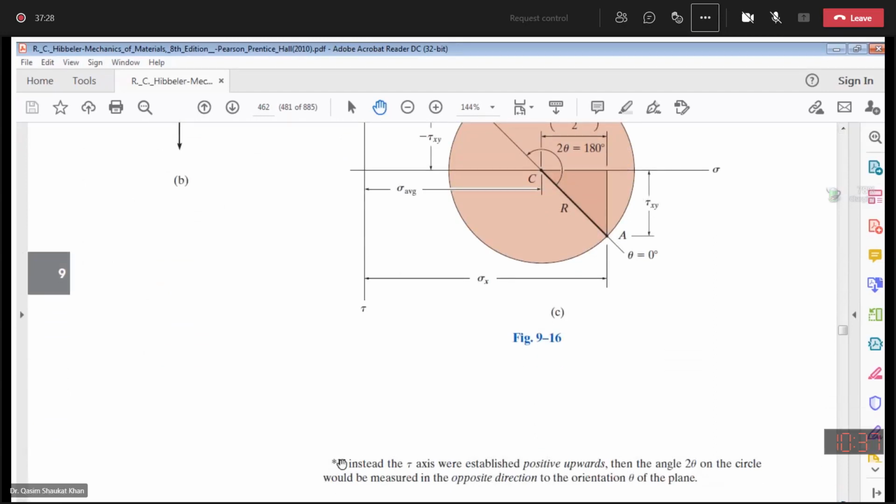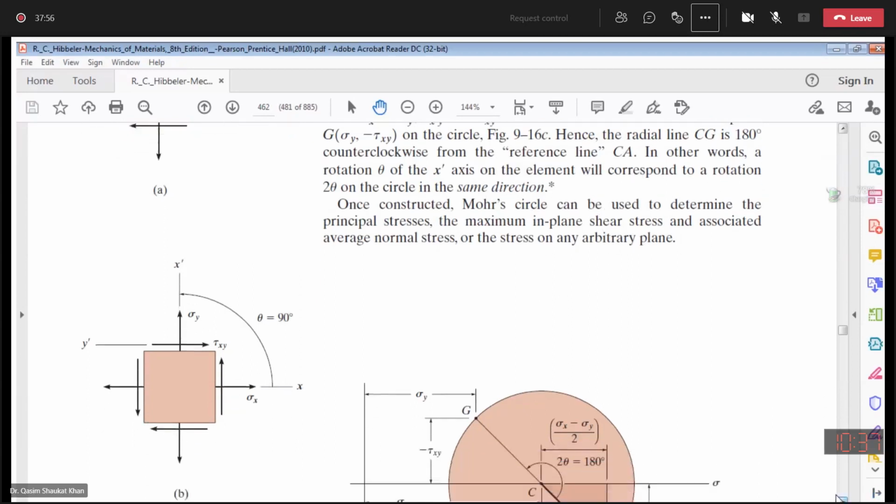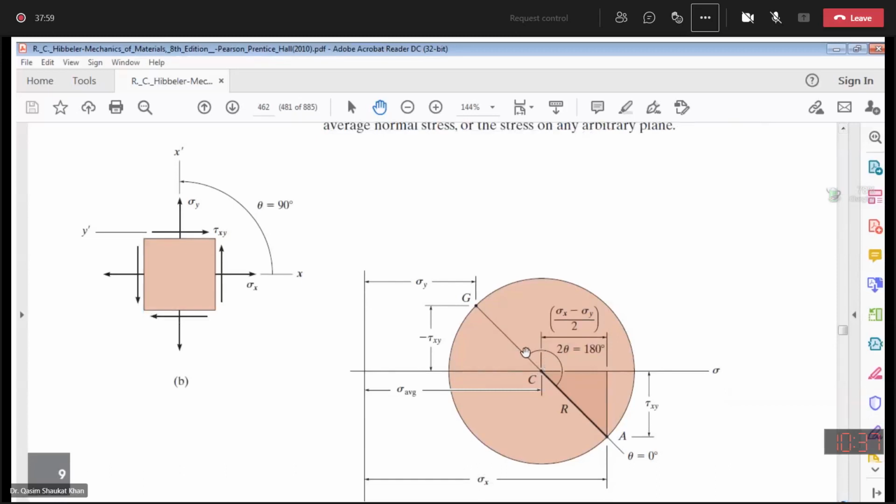So this is the reason why we are taking shear stress positive downwards. By taking the shear stress positive downwards, we have the rotation on the element and the rotation on the Mohr circle in the same direction. Here we are taking counterclockwise, and here it was also counterclockwise.